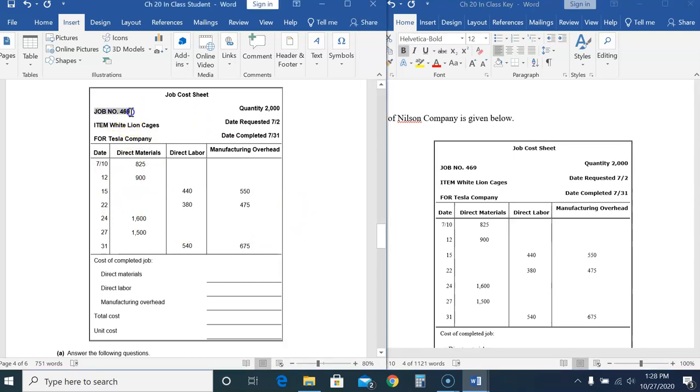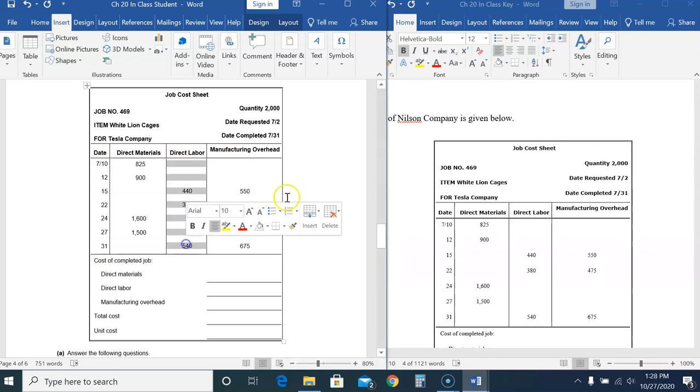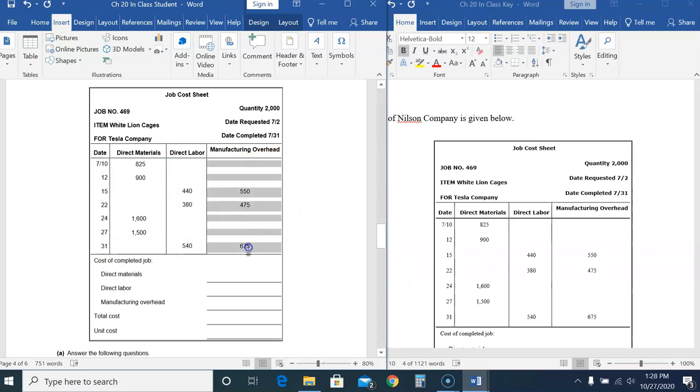This is one particular job, and we are seeing the direct materials, the direct labor and overhead costs that are incurred. As those costs are incurred on specific dates, the job cost sheet is keeping track of those costs. So these costs are being recorded as they are being incurred and that job is being worked on.